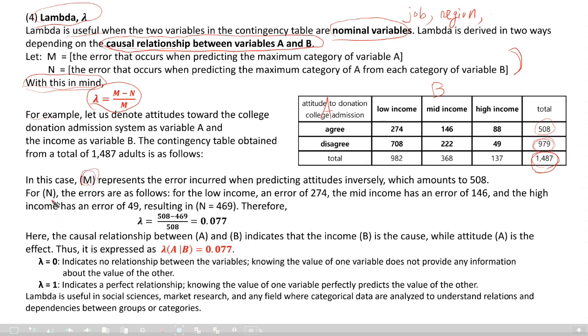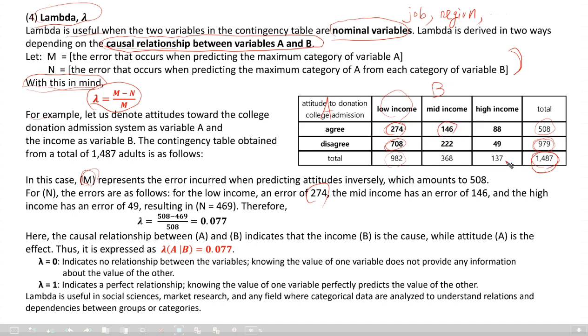Understand that? For N, the errors are as follows. For low income, 982, you predict them disagree because this is bigger than 274. Then you make an error of 274. For mid income, you predict what? Disagree, all of them disagree. Then you make an error of 146.